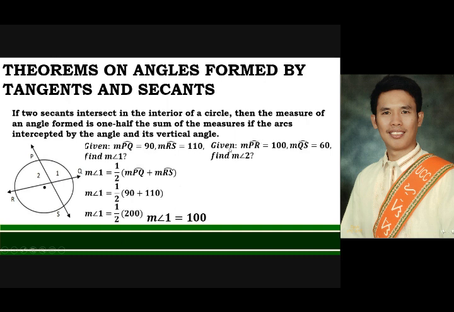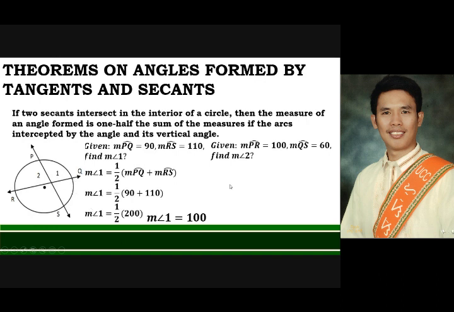If arc PR is 100 and arc QS is 60, what will be the measure of angle 2? Okay? So, si angle 2 naman, ang opposite arc niya ay yung PR at QS.